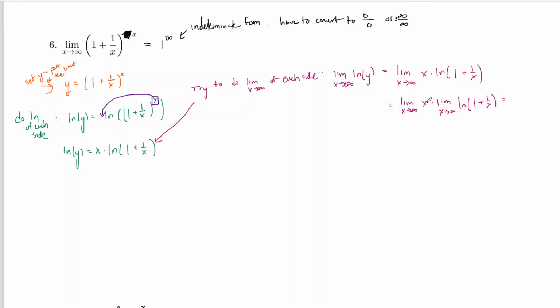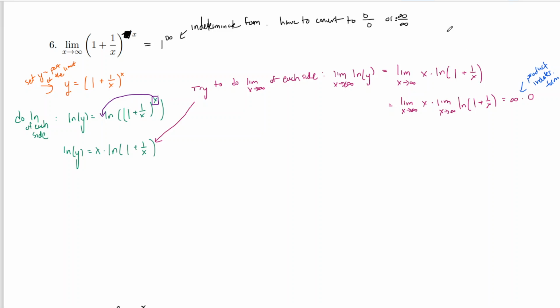Limit as x goes to infinity of x is infinity. And the limit as x goes to infinity of this, well, the inside becomes 1 because the limit of 1 over x is 0, plus 1 is 1, and the natural log of 1 is 0. And this is our other indeterminate form. This is our product indeterminate form.